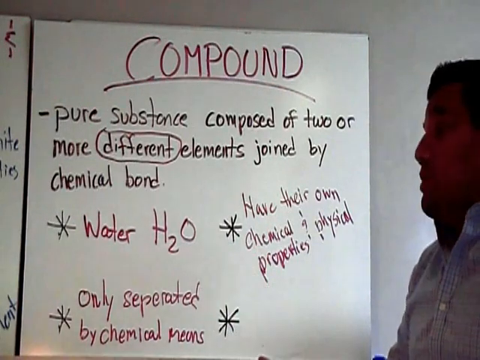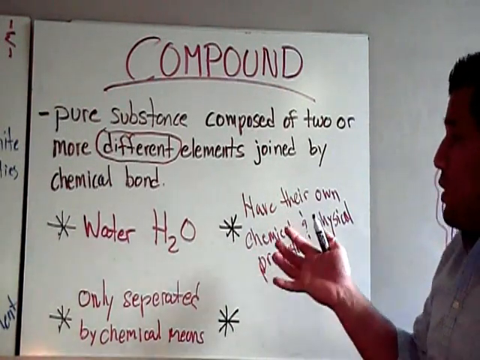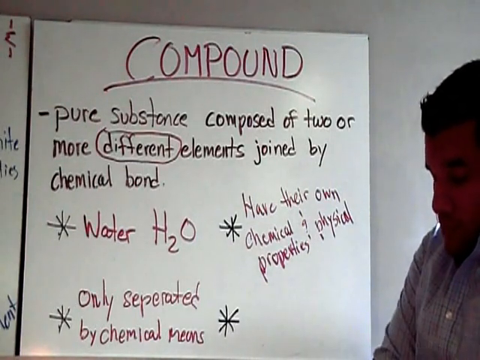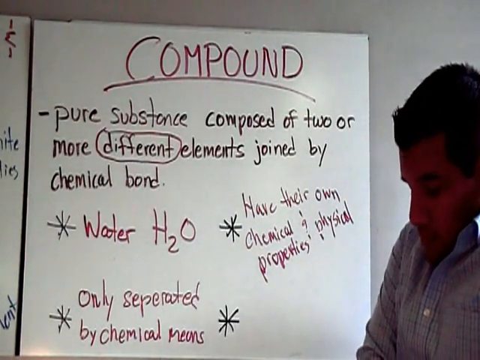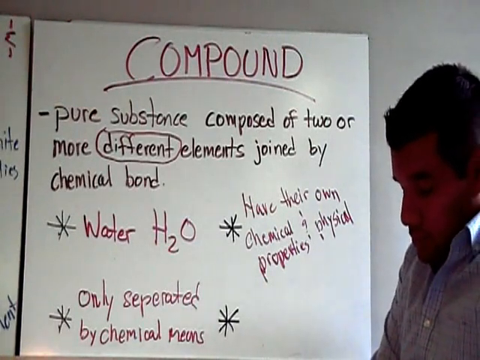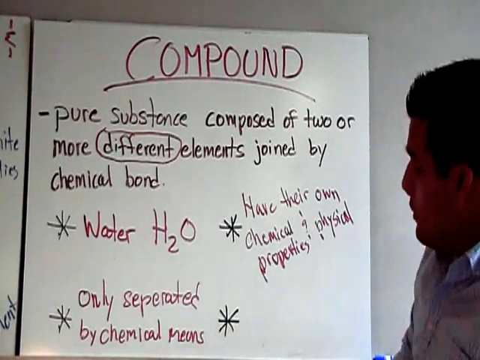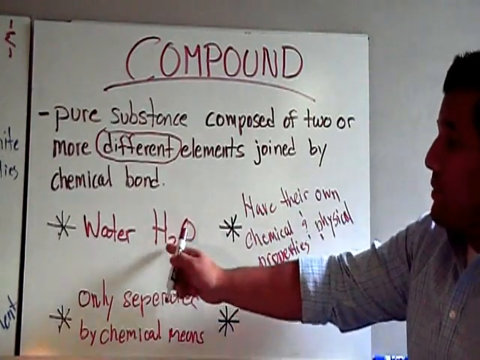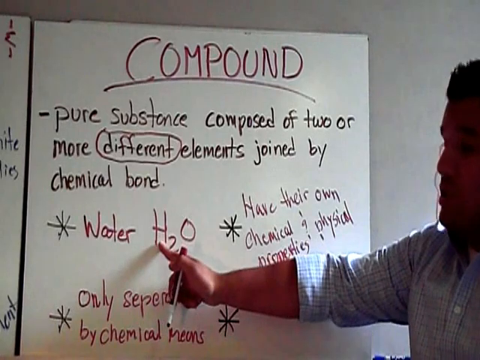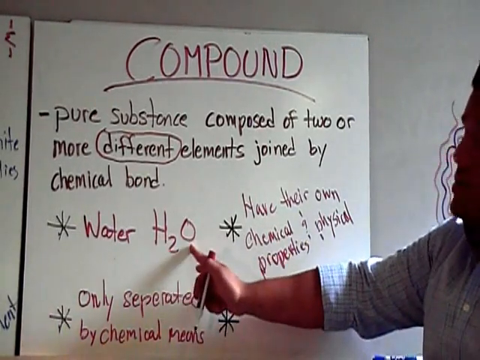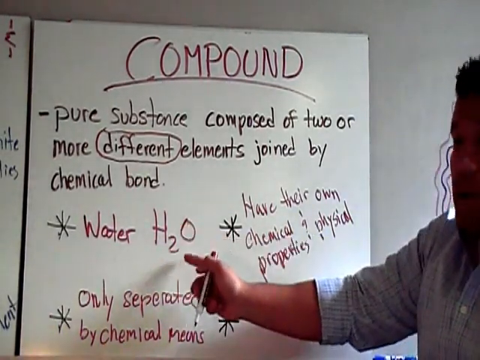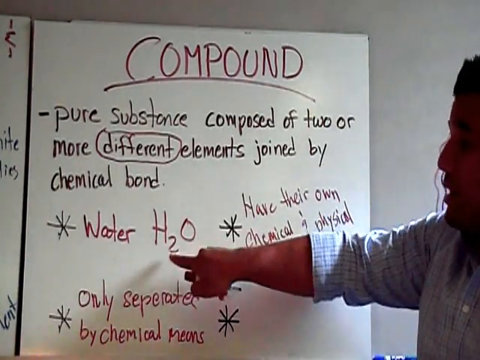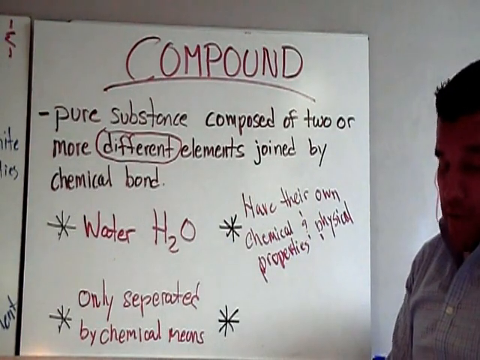That's a special property of water. And also, their properties are different than the elements that make them up. For example, hydrogen is a gas. Oxygen is a gas, but when they combine together, they make a liquid. Water is a liquid. So the properties of the elements are different than the properties of the compound.